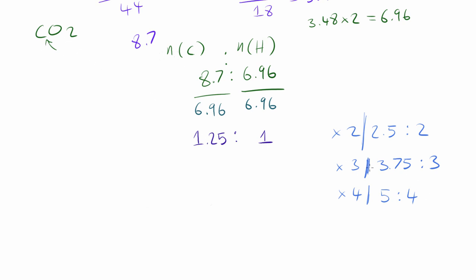So because of what we've established here, we know that what we actually need to do is multiply both sides by 4, right? So this is what we're going to do, times 4, times 4. And what do we get? We get, as we established, 5 to 4. Remember, the 5 relates to the moles of carbon, the 4 relates to the moles of hydrogen.